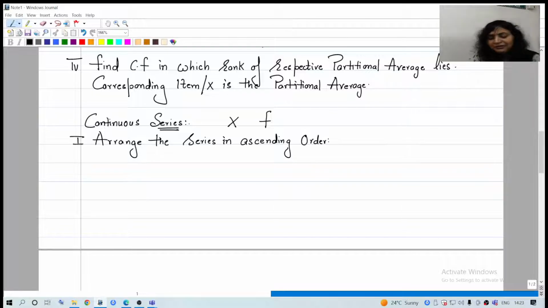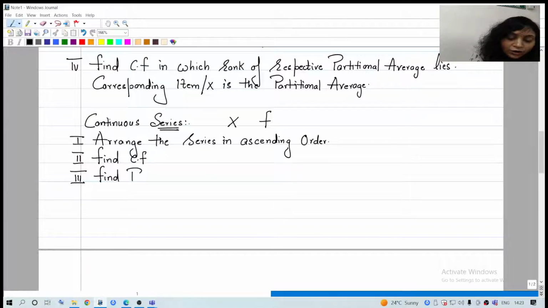And you know very well that class intervals are always in ascending order, so this is the step that we don't need to do. Second thing, find CF, cumulative frequency, that means sum of frequencies. Now the third step is find rank of partitional average.